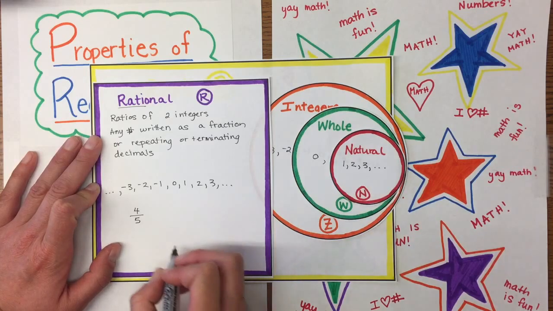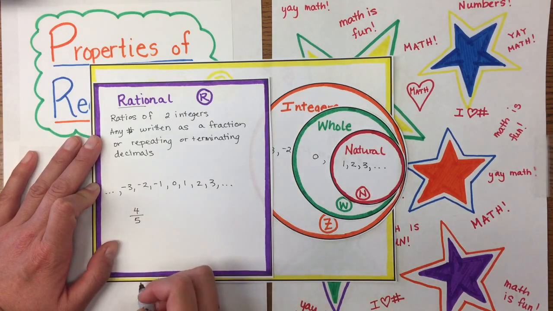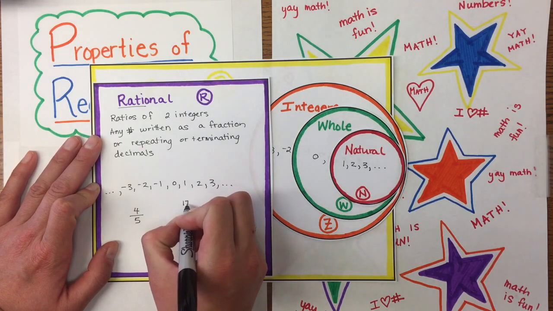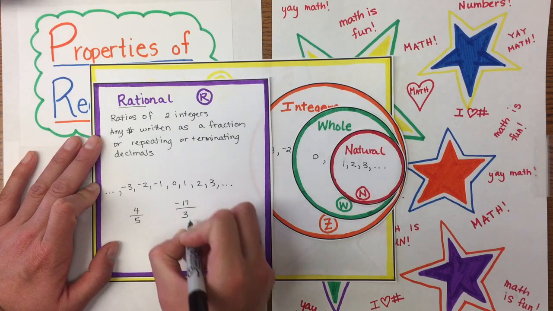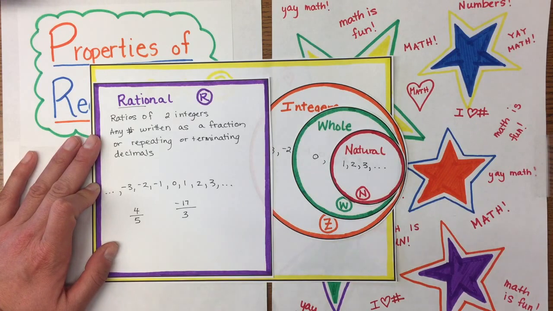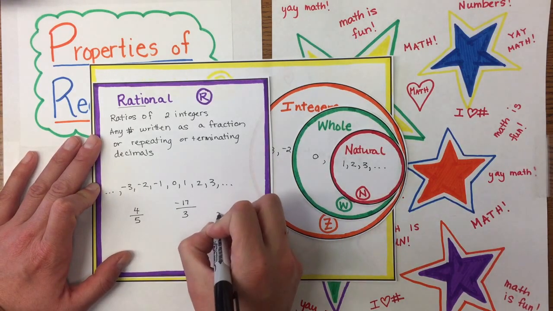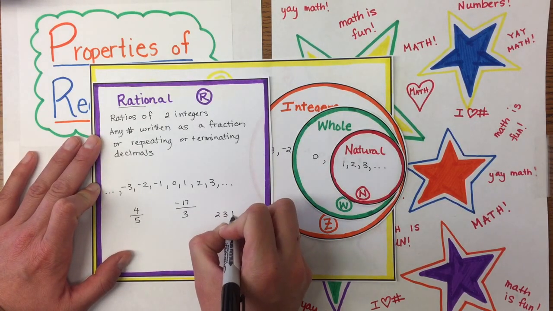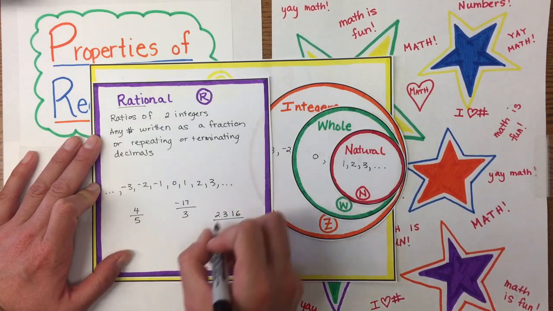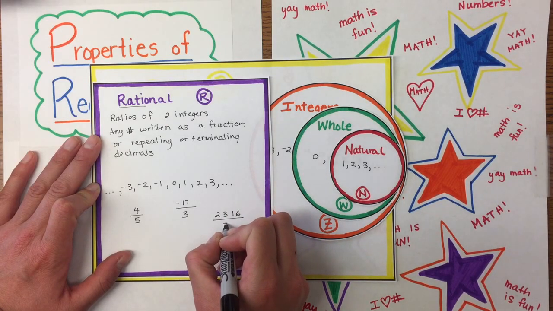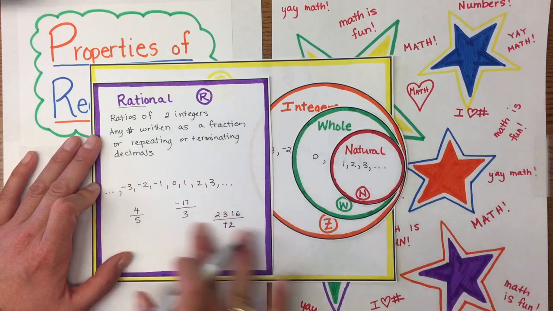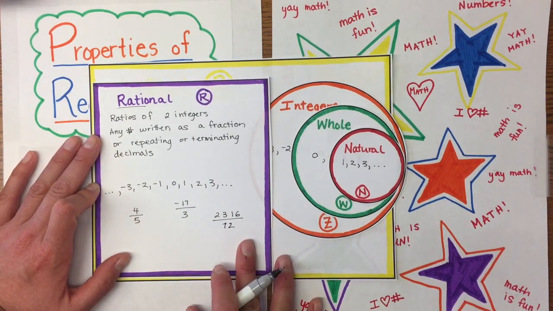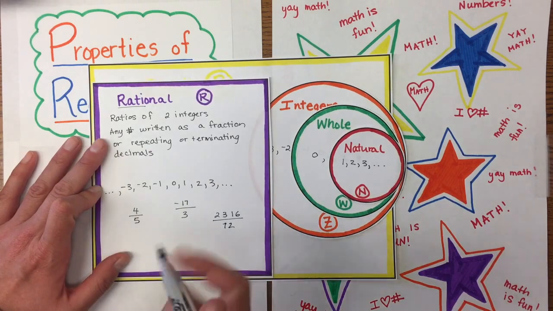We can also have any ratio of two numbers: 4/5, -17 over 3, 2,316 over 72. These are all ratios. They're fractions, so they're rational.